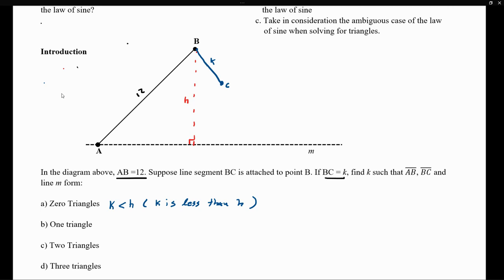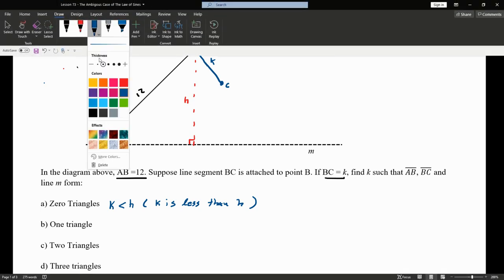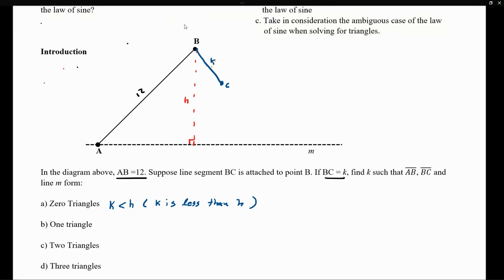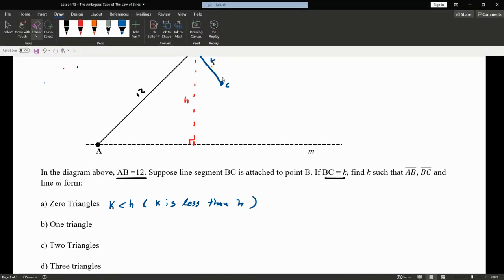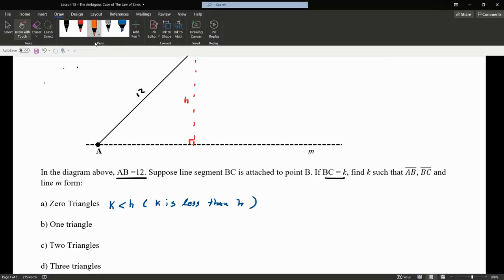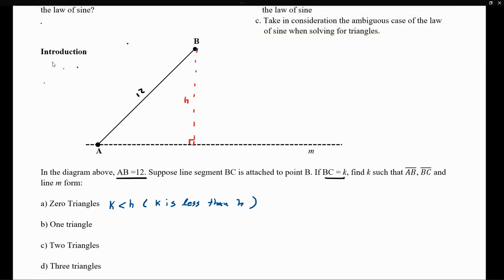But we could also have situations where we create one triangle. So let me change color for that. One second, let me get my eraser. So now, when exactly can we have one triangle? Well, there are 2 ways that we can define one triangle, still using the same diagram. Same base, same length of 12, same height.